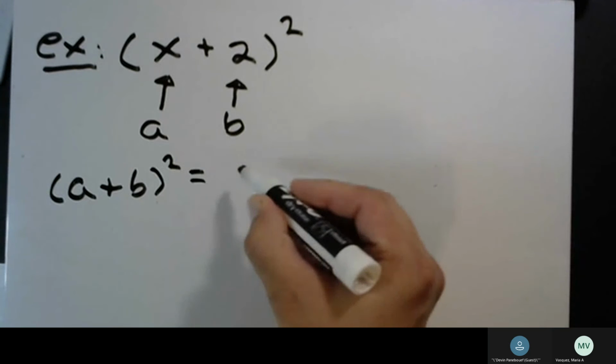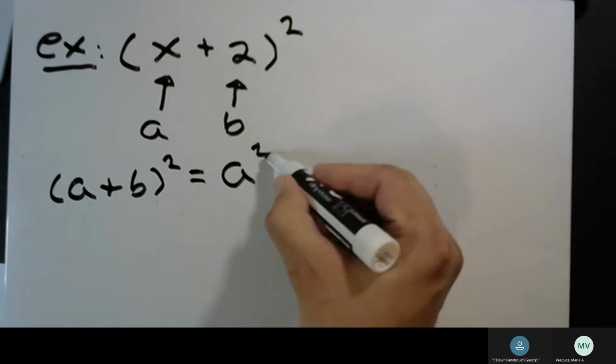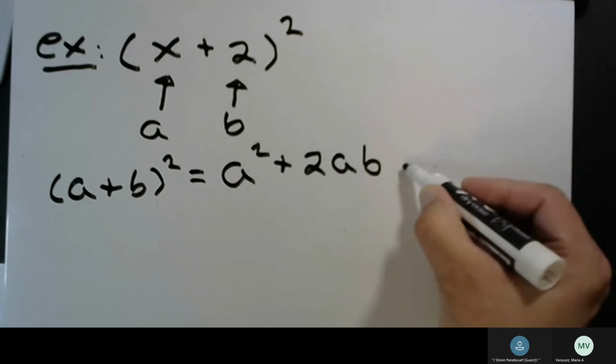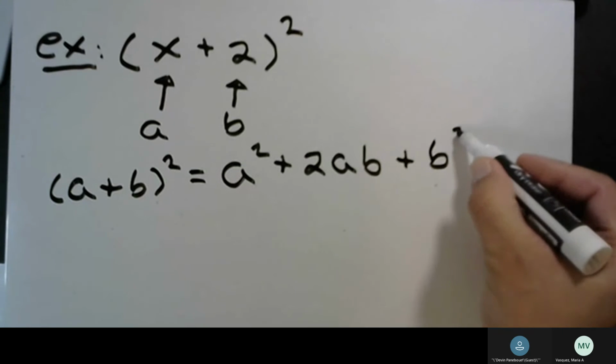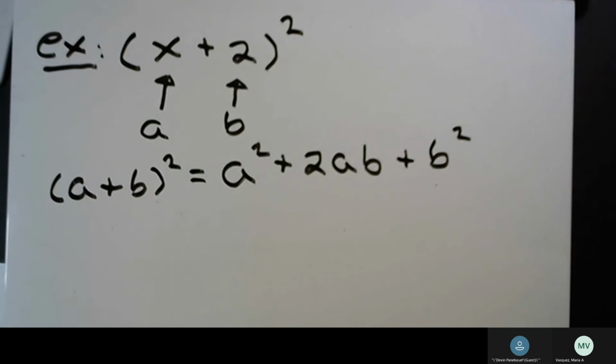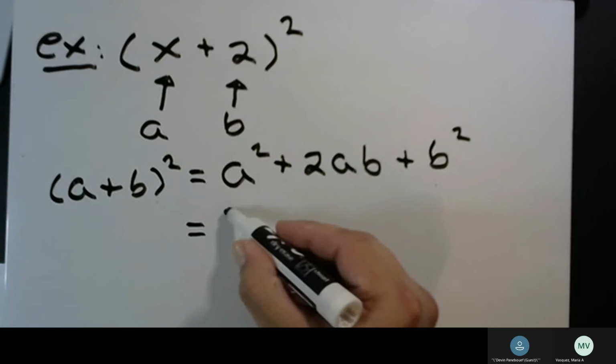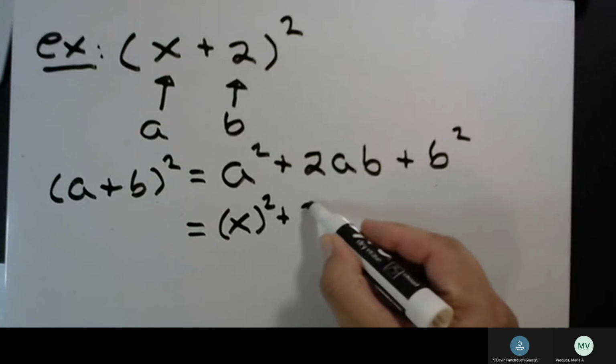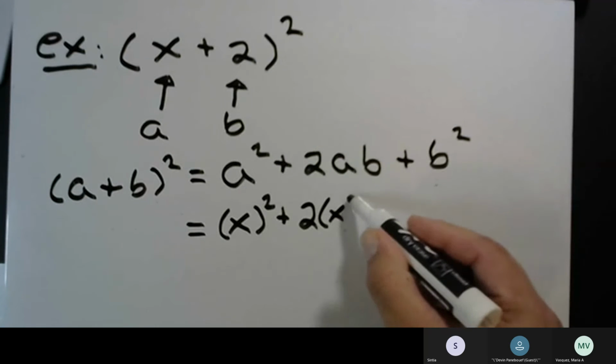So we bring out our formula, and we substitute a with x, and we substitute b with 2.